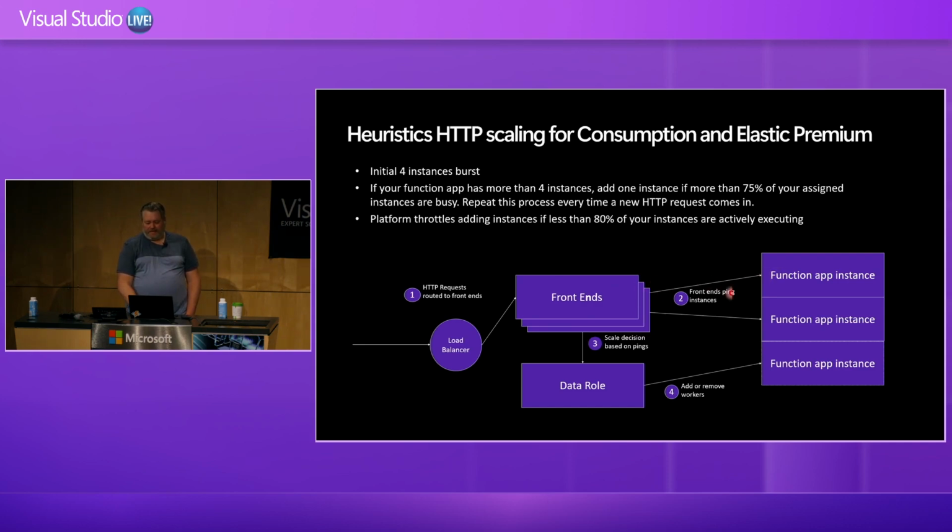There's an admin endpoint that it calls to check if you are busy, and if it returns 429, or if it doesn't even return, it knows that it's overwhelming that instance.